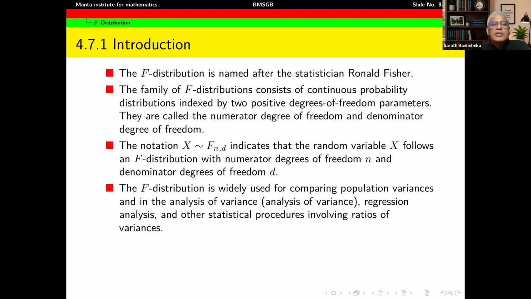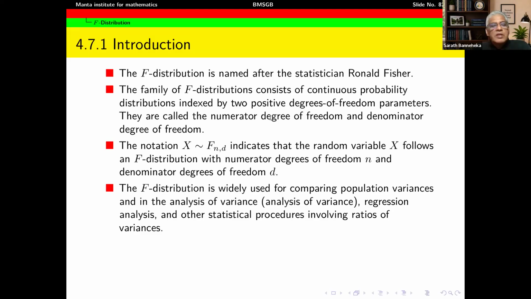They are called the numerator degree of freedom and the denominator degree of freedom. So unlike chi-square and t, which had only one degree of freedom, the F distribution has two degrees of freedom.